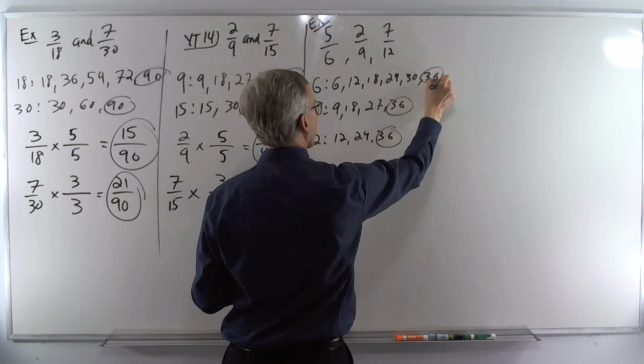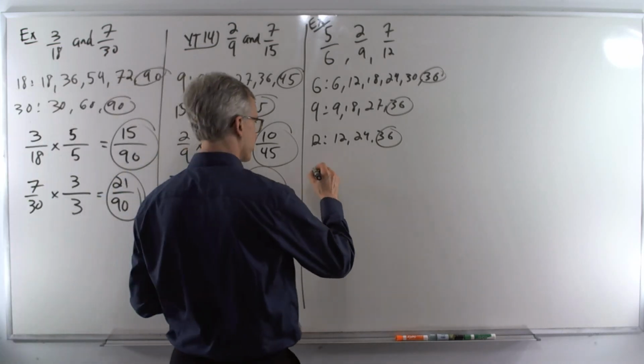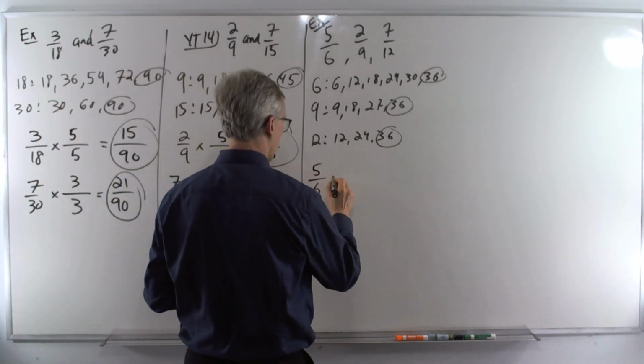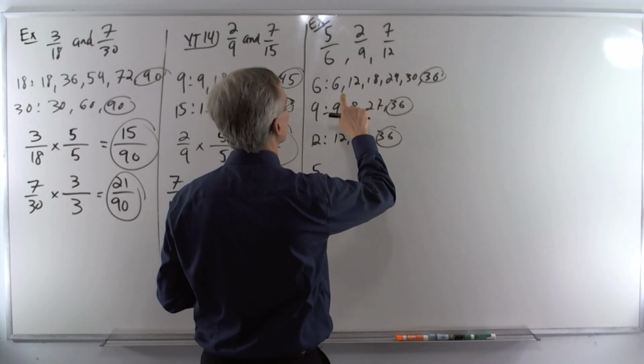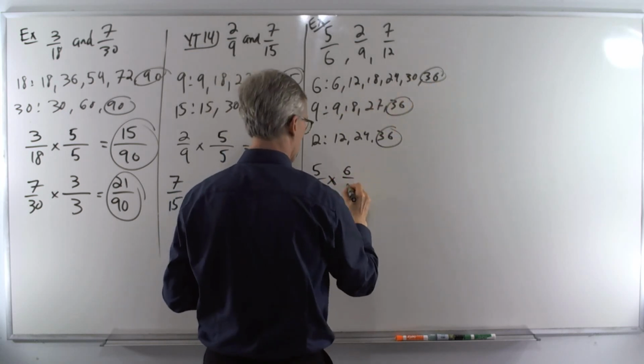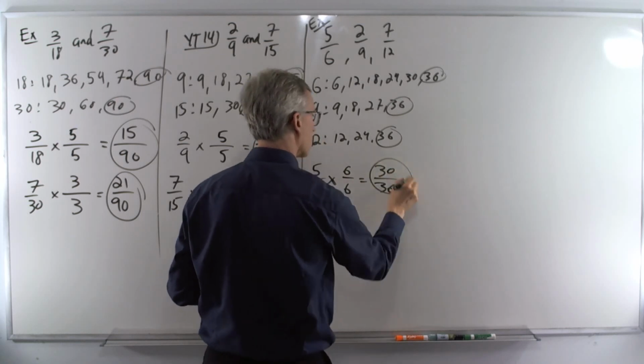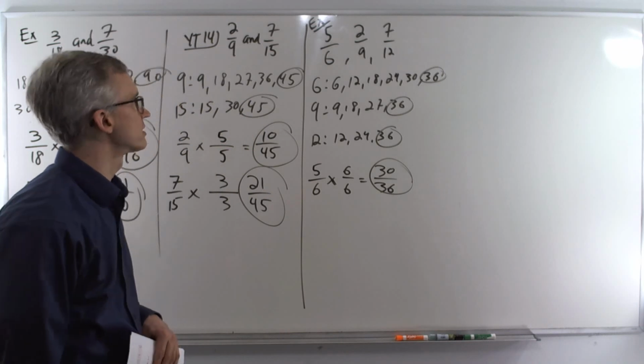First match in all 3 lists is 36. So there's our LCD. So we're going to take 5/6, multiply by 1, 2, 3, 4, 5, 6. That gives us 30 over 36.